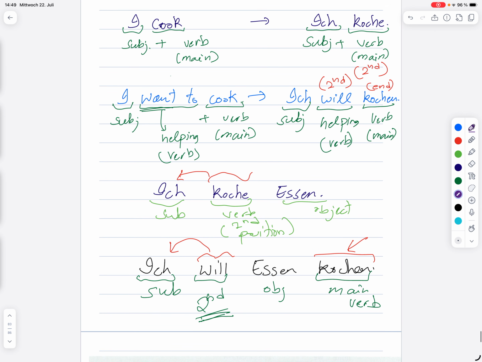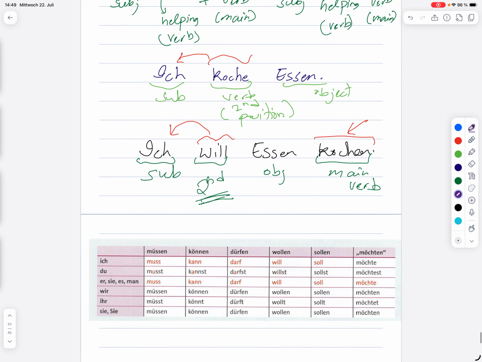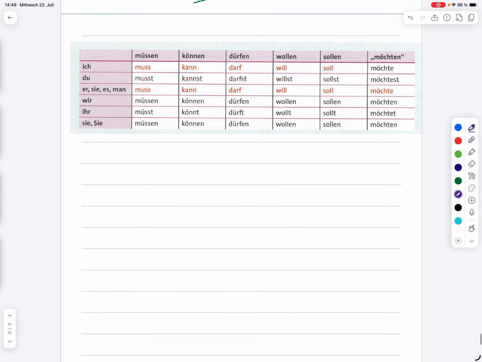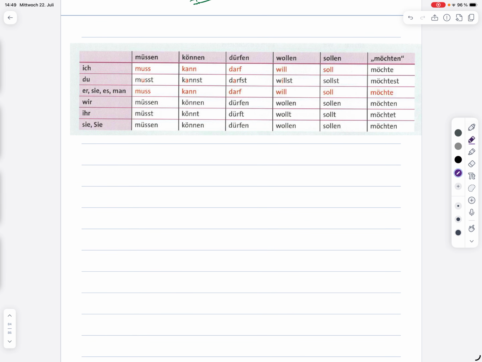Now let's look at the modal verbs in German. We have in total six modal verbs, and they all have different meanings. Let's start with the meanings and what they are, and then we will look at their conjugation depending upon the subject, for different personal pronouns. First we have müssen, which is must in English.